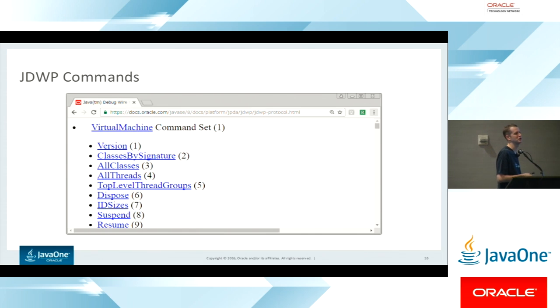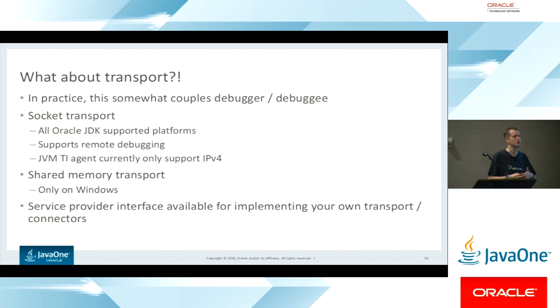Most of them, it's just a change of camel case. So there's a direct one-to-one correspondence between the command sets and JDI classes, and then the individual commands and methods within JDI. So you can think of it as a really cheap, lightweight, thin serialization of the JDI API.